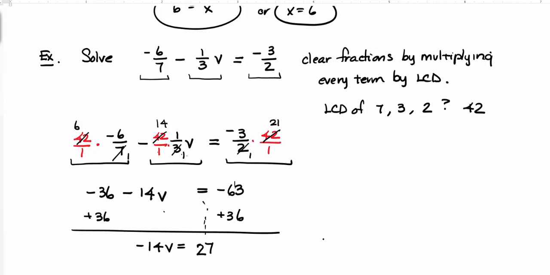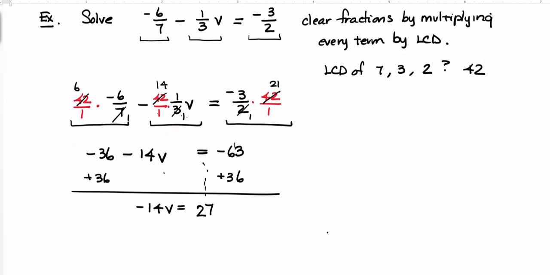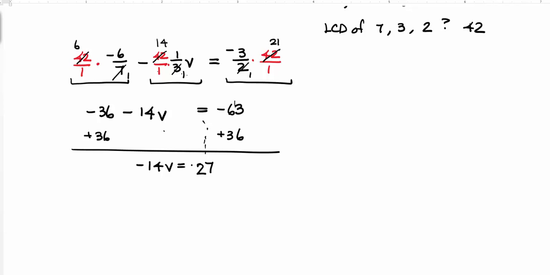And then the last thing I do is I divide. This should be negative 27, right? So I divide everything through by negative 14, and I get v equals positive 27/14.